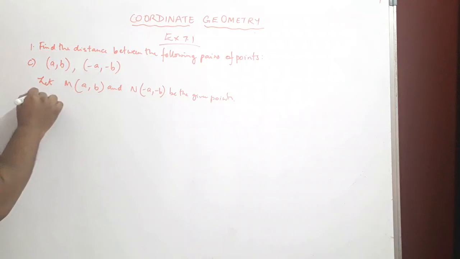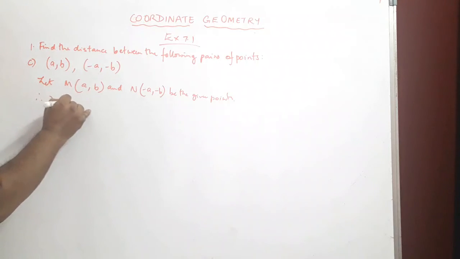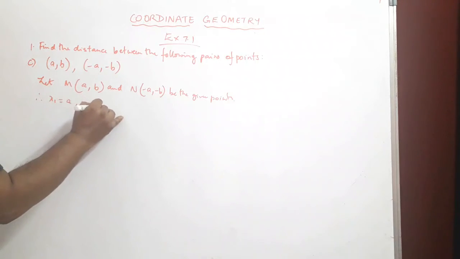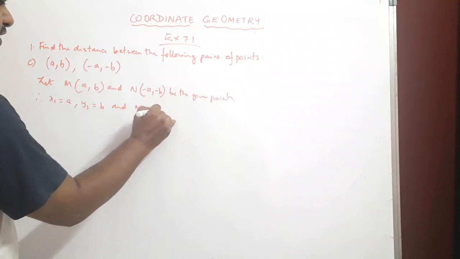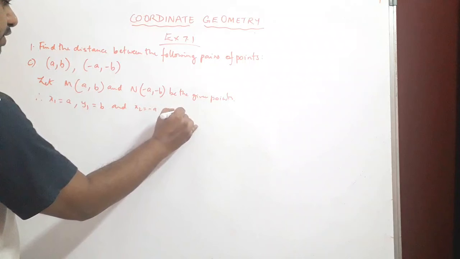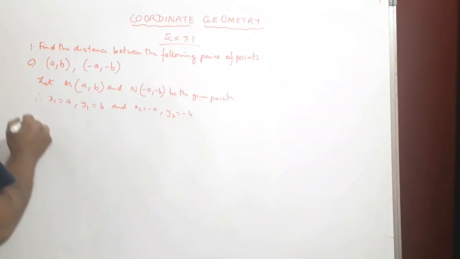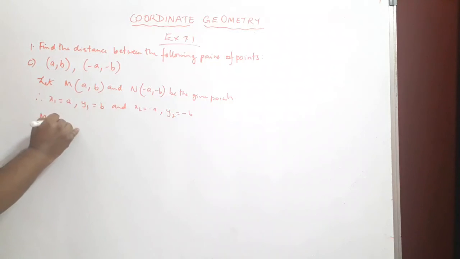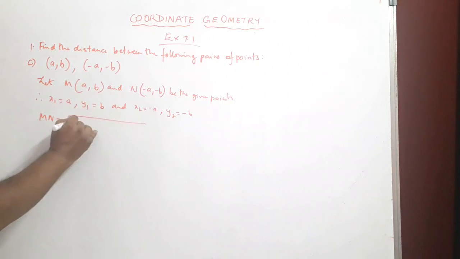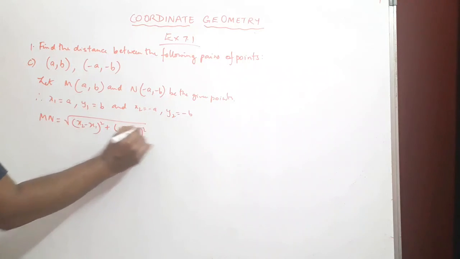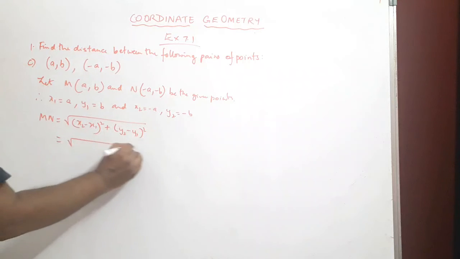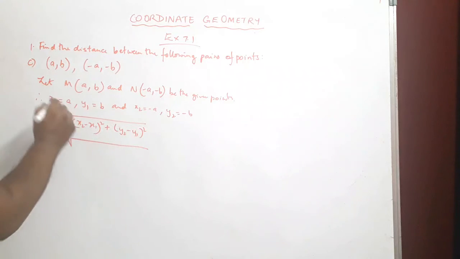Now therefore x1 equal to a, y1 equal to b, and x2 equal to minus a, y2 equal to minus b. We apply the distance formula to MN now. MN equal to square root of (x2 minus x1) whole square plus (y2 minus y1) whole square. Now we'll substitute the values of x and y.